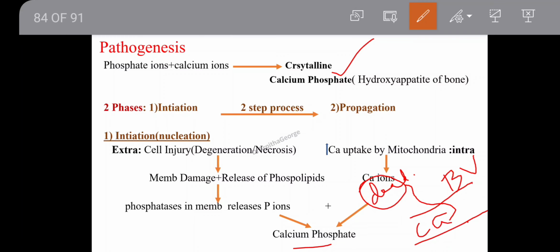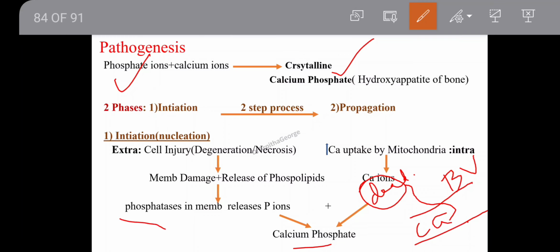What happens in the dystrophic calcification? Obviously the formation of calcium phosphate. How is calcium phosphate formed? From the phosphate ions. How are we getting phosphate ions? Because once the tissue is dead, it is going to burst out, and the cell membrane is made up of phospholipids. It is going to get converted to phosphate ions. How? An enzyme will come and convert it. Which enzyme?